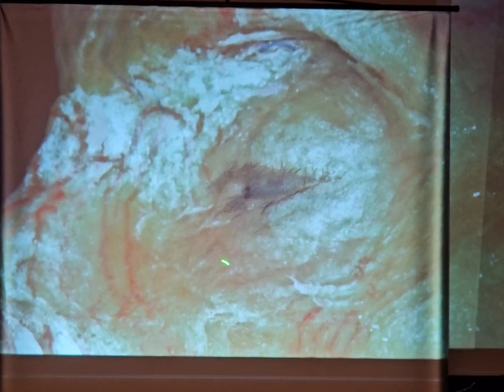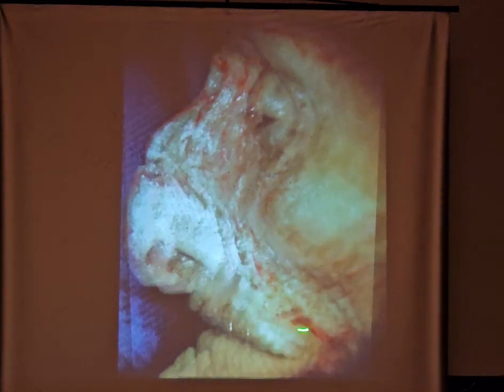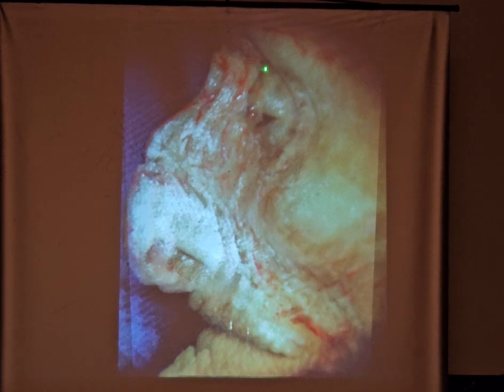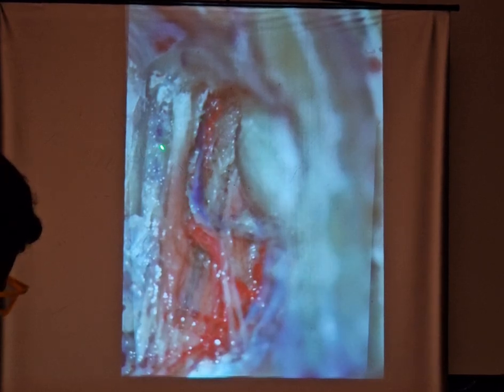We have a magnification. If we diminish the magnification, we can follow now the facial artery ending here in the angular artery, anastomosing with the supratrochlear artery. We continue now with the vein, and we know that the beginning of the ophthalmic vein is made by the fusion of the angular and the frontal vein.